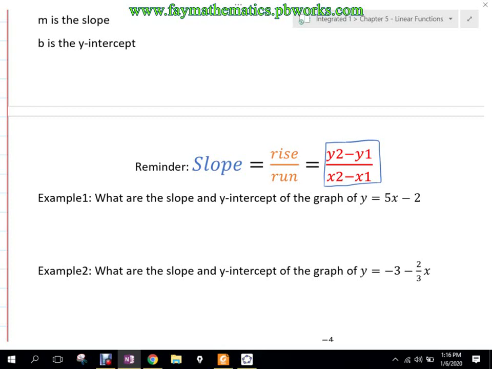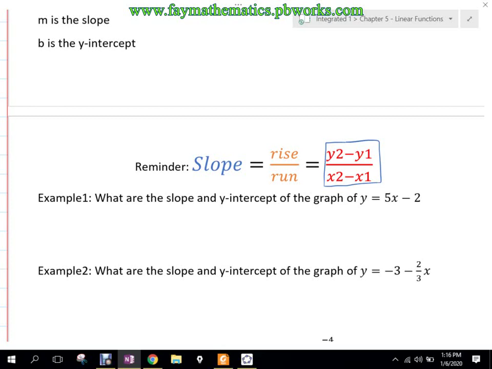These first two examples are just trying to get us used to y equals mx plus b form, or slope-intercept form. It's going to ask you in your homework to look at an equation, and then from that equation pull off the information that's necessary to eventually graph this line.